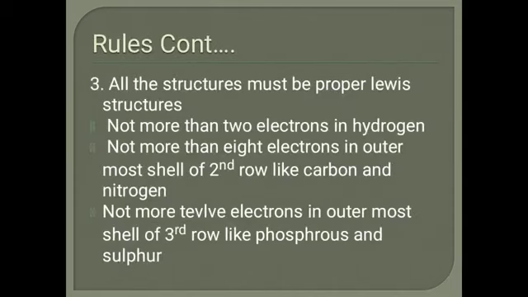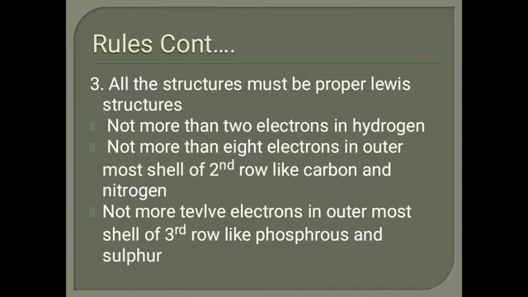Then the third rule is that all structures must be proper Lewis structures, meaning the resonating structures which we write must be proper Lewis structures. First, not more than two electrons in hydrogen, as hydrogen has only one subshell, s, with a capacity of two electrons.